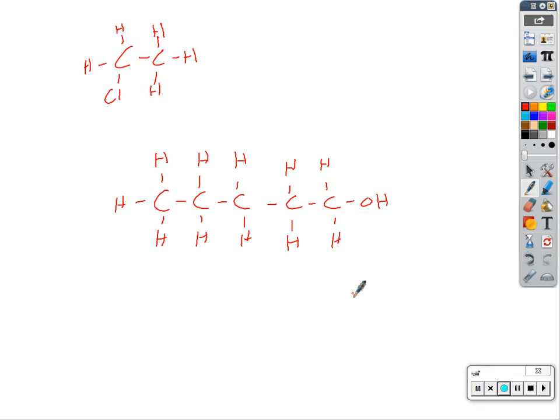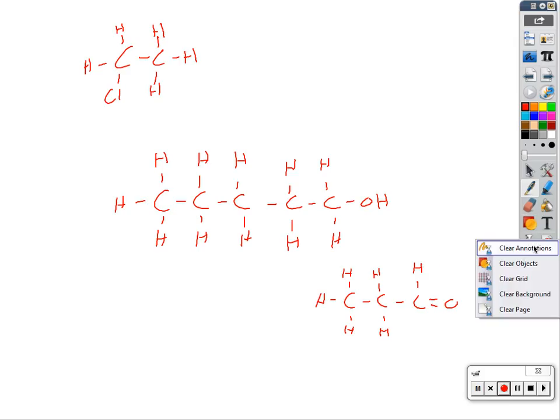And if I say draw an aldehyde, again, just take any hydrocarbon, and on the end of it, stick the double bonded oxygen. If I say draw a ketone, put the double bonded oxygen in the middle. Again, that's why it's so important to have examples for these things in your notes.